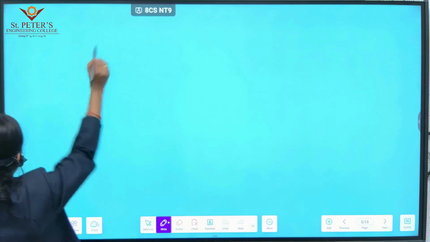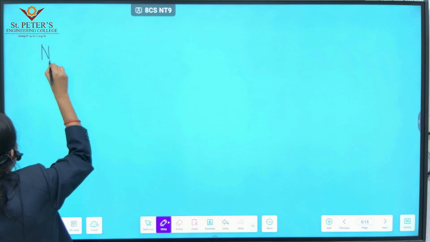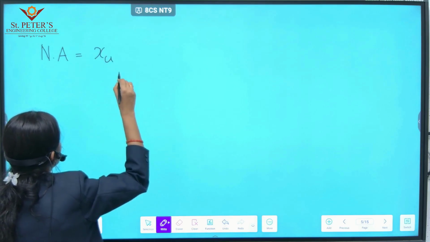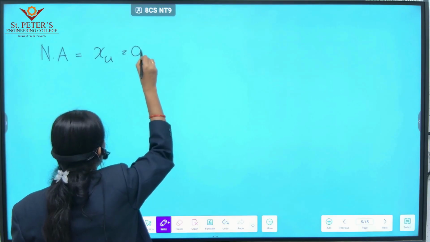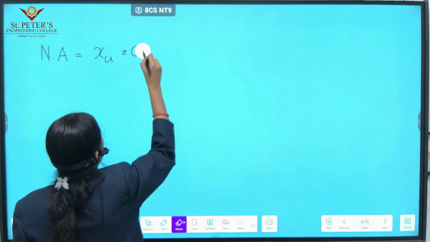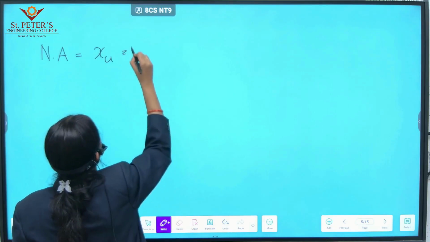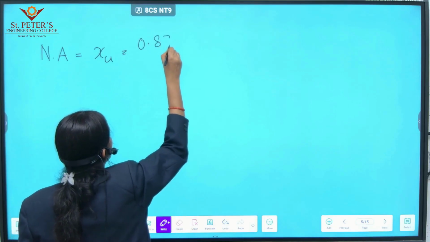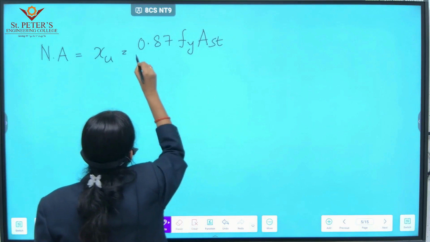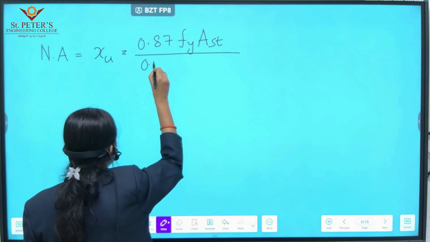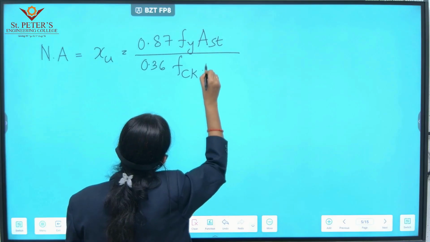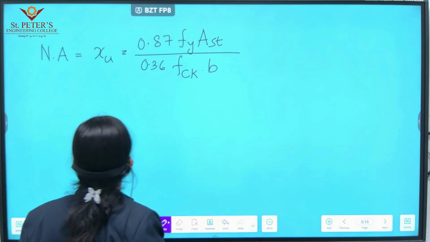Next we will go to find out the neutral axis. Neutral axis is Xu. Xu is equal to 0.87 Fy Ast by 0.36 FCK b. So this is the neutral axis.